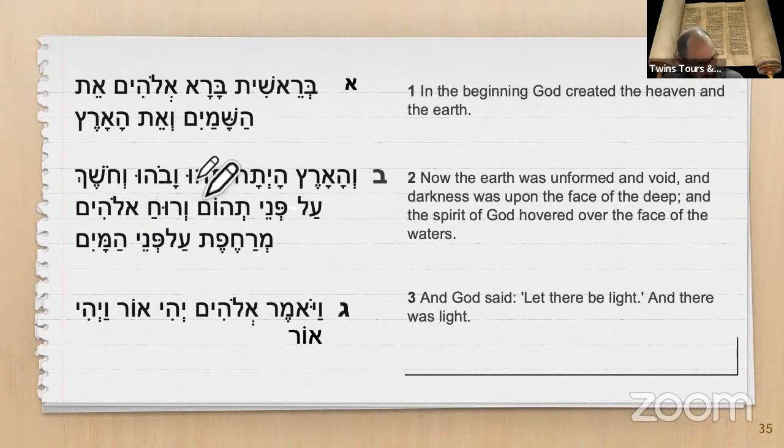Ve with the kametz, bet with the holem, and the vav with the shorek, u. Vebohu. Maybe I will not say the names and only say the sounds. Ve is the shva, ve, het is o, and then shin with the three dots is a, and then the cha at the end is the shva. Vechoshech.